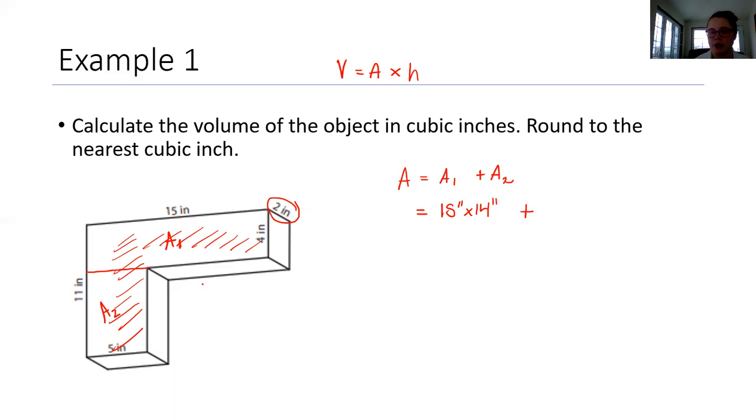Plus, we need the area of 2. Well, it's 5 inches here, but what is the length of this side of the rectangle? Well, we know it's 11 inches the whole side, so this side here must be 11 minus 4, which gives me 7 inches. So to find area 2, it's going to be 7 inches.